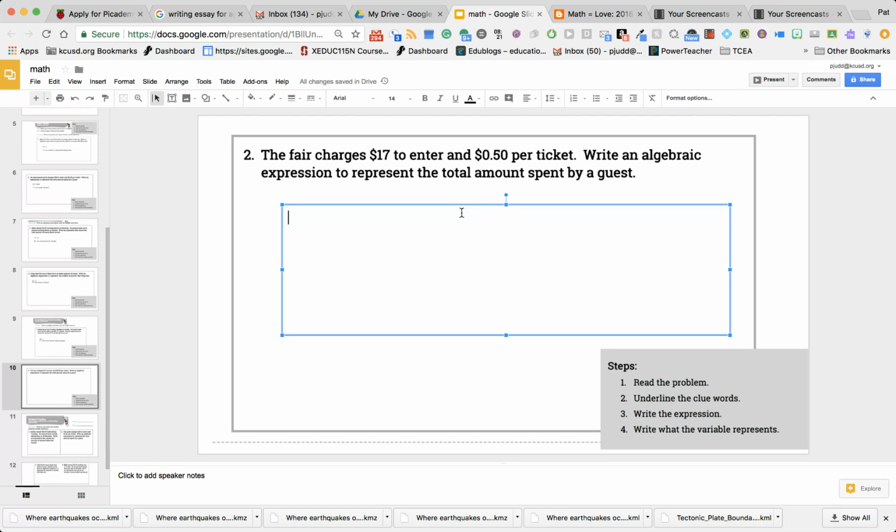Okay, and if you are 3 green, get ready to share your answer and go. And if you are 4 black, get ready to share your answer, go.